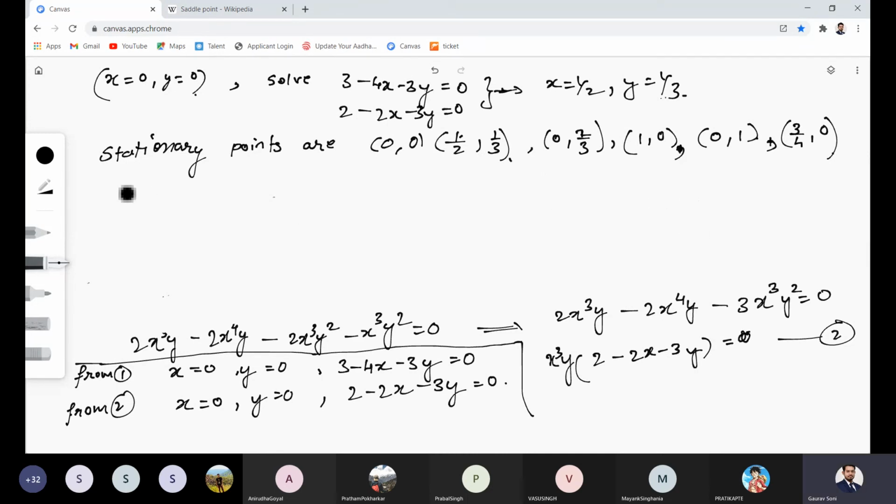So now look at the points. We need to write down R. What is the equation here so that it will be better to find out the value? R is 6xy square minus 12x square y square minus 6xy cube.